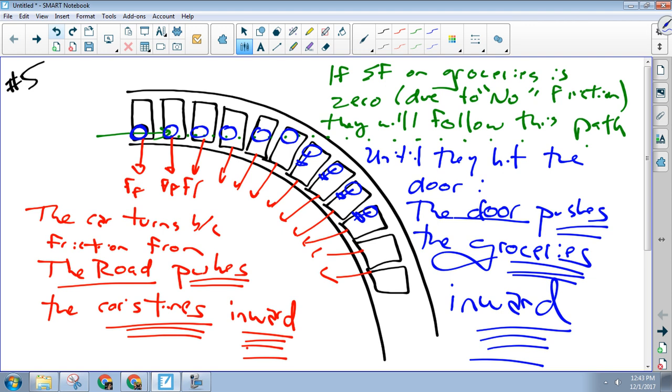But is there ever anything pushing the groceries outwards? No. Which brings me to centrifugal force. So before I get to centrifugal force, are there any questions about the point of this?